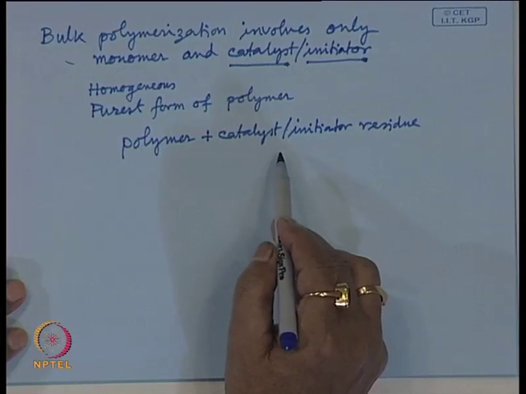So, in the product, the raw polymeric product obtained will be only polymer, no initiator residue, no other impurities. In case of condensation polymerization, there is some byproduct which is eliminated and removed from the polymerization system, so that is also not present as impurity.